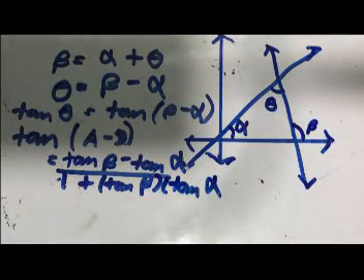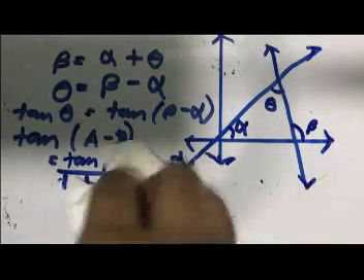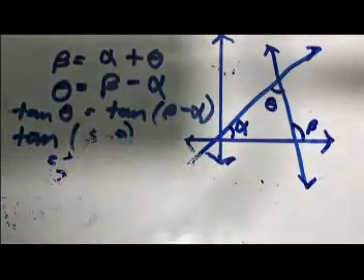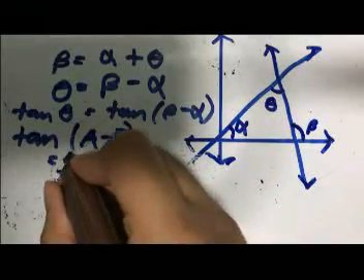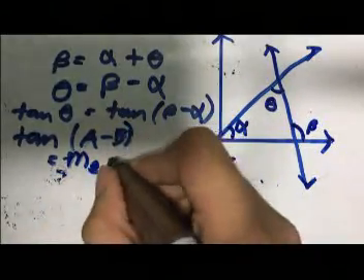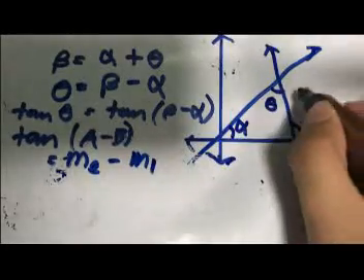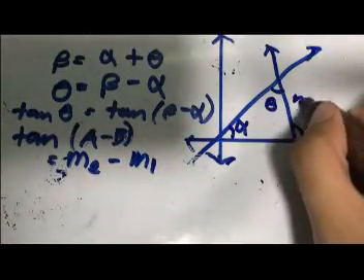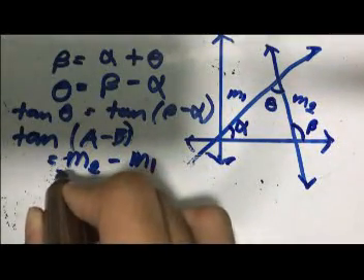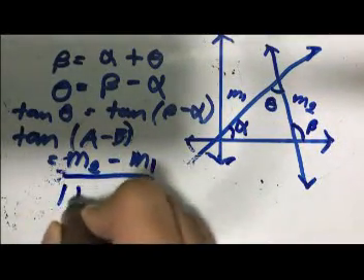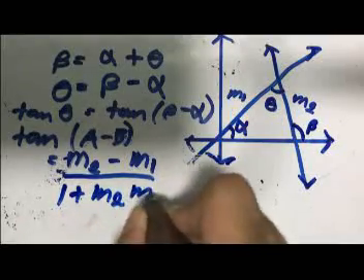And from the previous lessons, we know that the tangent of the angle of inclination is actually the slope. So again, we can substitute to make it a simpler formula, which is m sub 2 minus m sub 1. This line is m2, this one is m1. So it is m sub 2 minus m sub 1 over 1 plus m sub 2 times m sub 1.